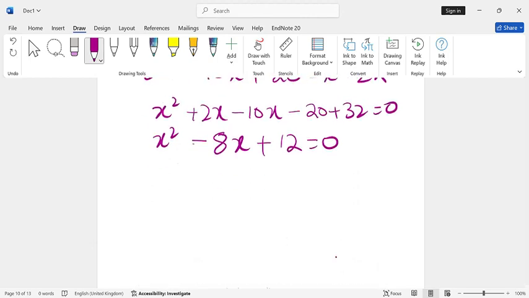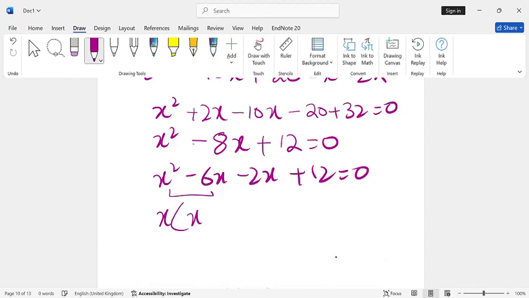We have x squared, and simply we have to factorize this: minus 6x minus 2x plus 12. As you can see, when I add minus 6 and minus 2, it becomes minus 8. And when I multiply minus 6 and minus 2, it becomes 12. Okay, this is the big sign that you are using the same correct factors. So I'm taking x common from these two terms.